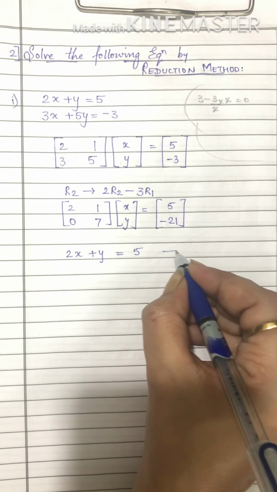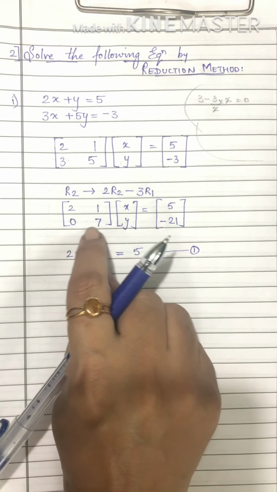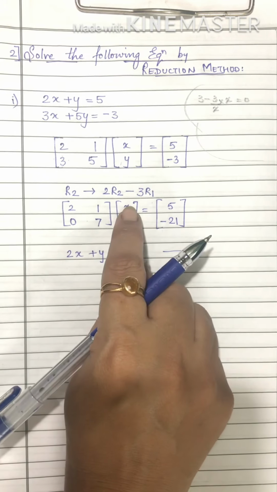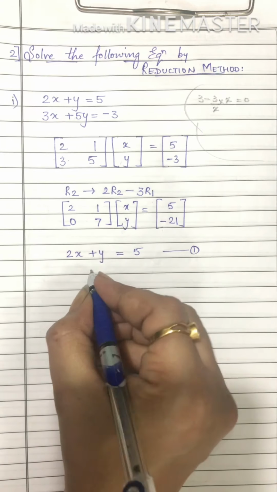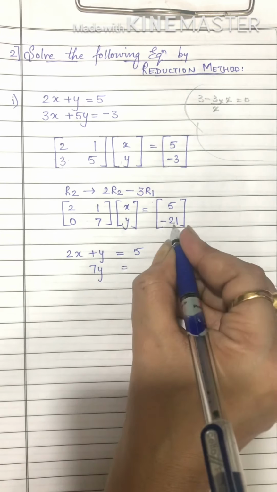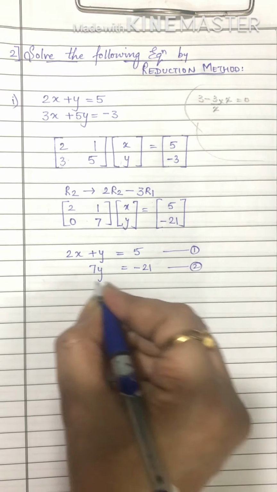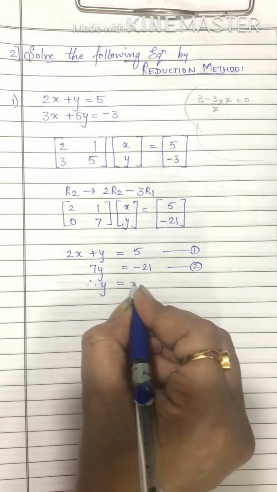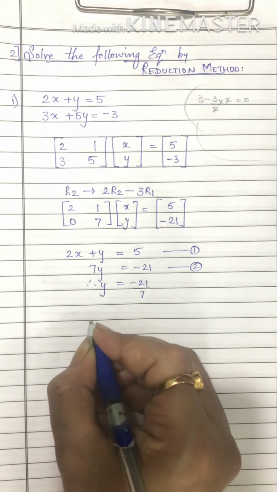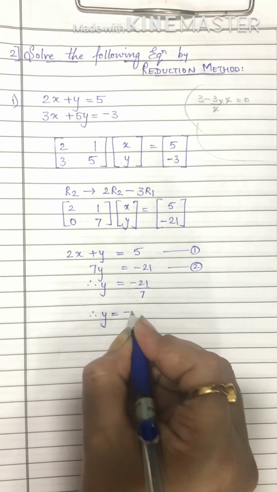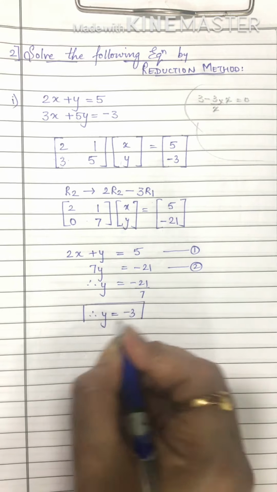This will be our equation 1. And then second row and this column: 0 into x, 0, plus 7 into y is equal to minus 21. So this is the second. From here I get the value of y as minus 21 upon 7. Therefore y is equal to minus 3.